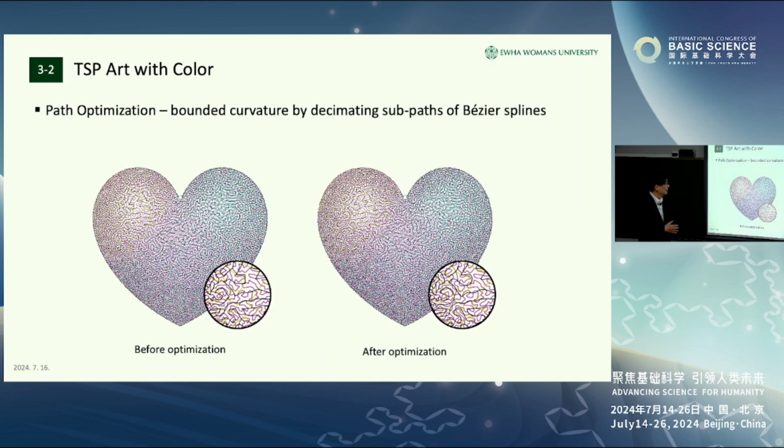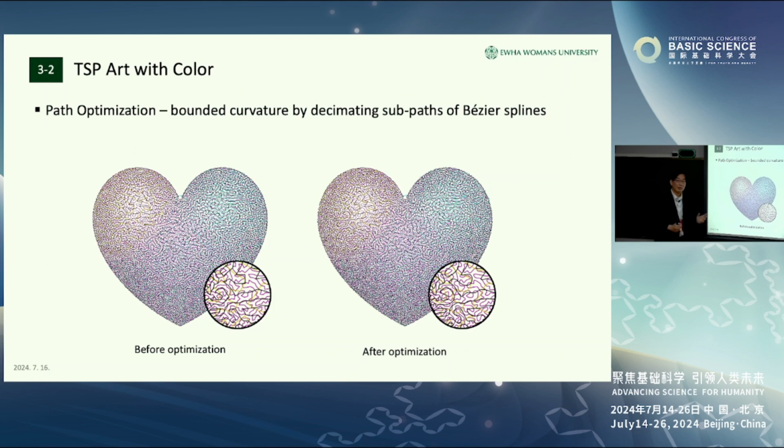Now, that's the typical output of TSP art, but in our case, this is not sufficient for robotic execution. If you use the steps that I just described and provide the result to the robot, this path may have quite jagged edges with sharp corners. This is not a good situation for the robot to execute, because the robot end effector has to quickly switch motions, which means you need really high accelerations to follow it, which is not good.